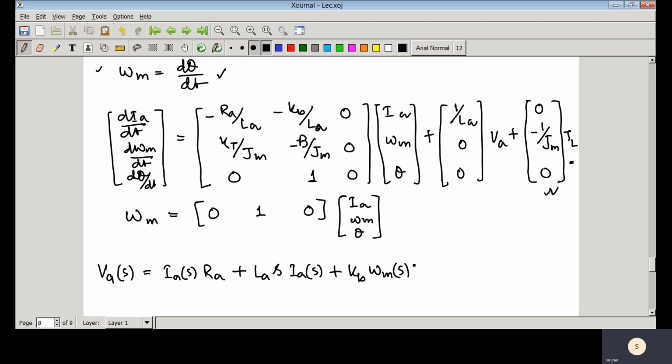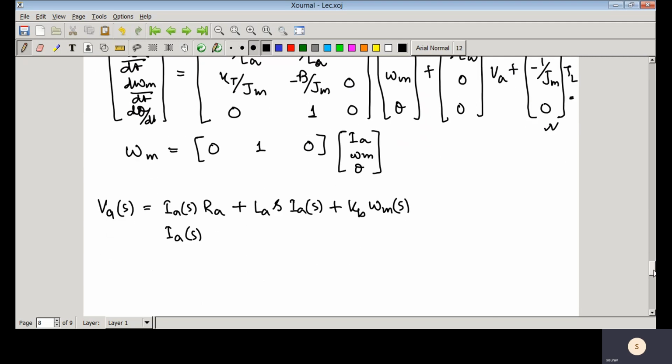So from here you can find that IAS, if we take common here and divide it, IAS equals VAS minus KB omega MS divided by RA plus LAS. Then we get this relationship.